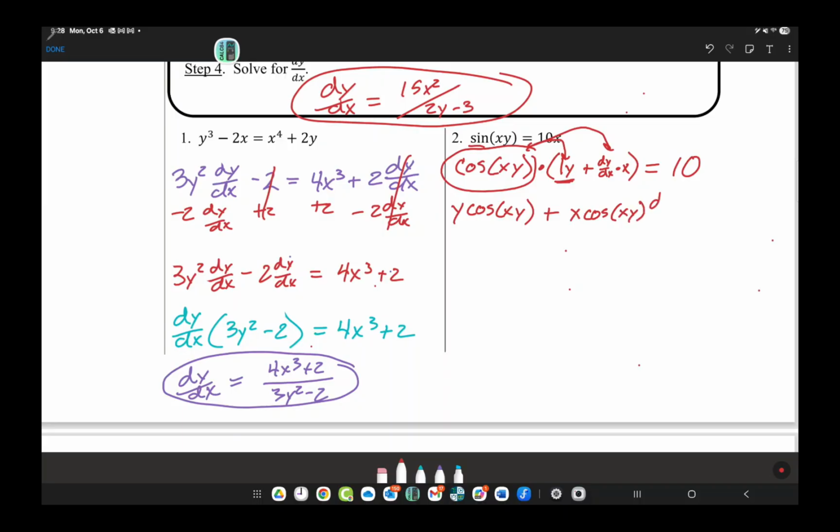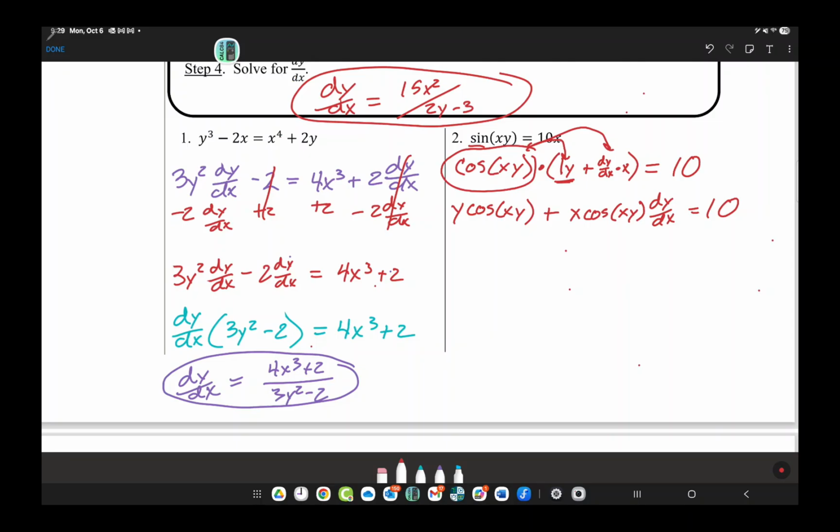I'm going to leave the dy dx at the end. So all we did was multiply both the 1y times cosine xy and the x dy dx by cosine xy.